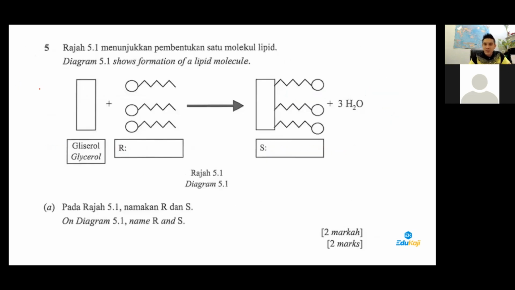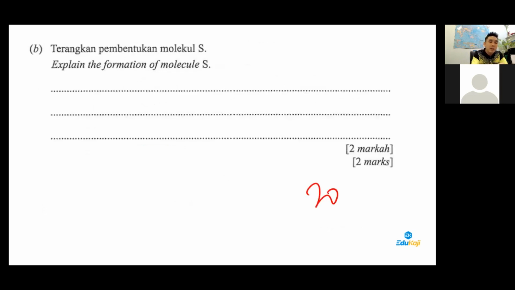This is an easy question, guys. Form 4, Bab 4. One glycerol and 3 fatty acids form a triglyceride. Ever since the year 2016, they love to ask students to explain the formation.